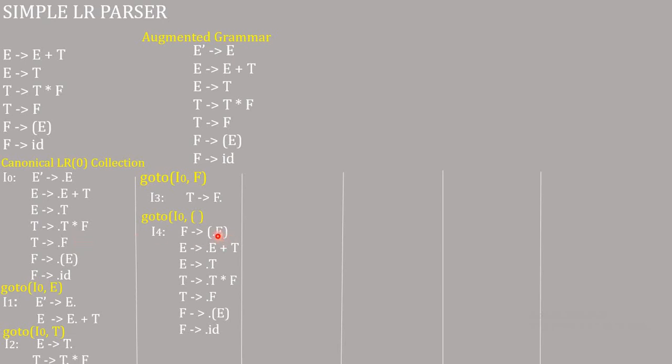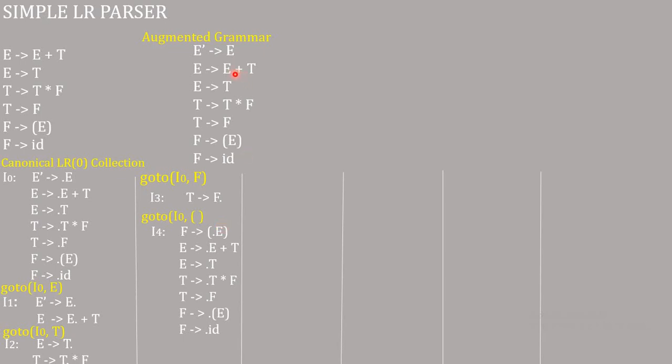Now we have to check whether closure operation is possible. In this case, closure operation is possible because the dot is followed by a non-terminal. So you have to go with closure operation. What we'll be doing with closure operation? For the non-terminal that we have after the dot symbol, that non-terminal's production rules from the augmented grammar should be included.